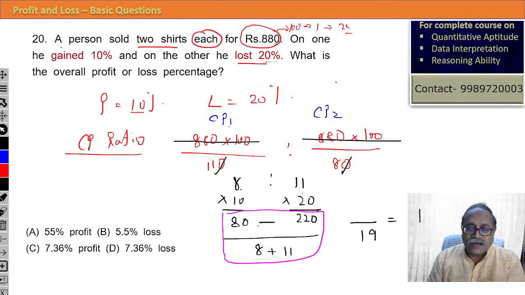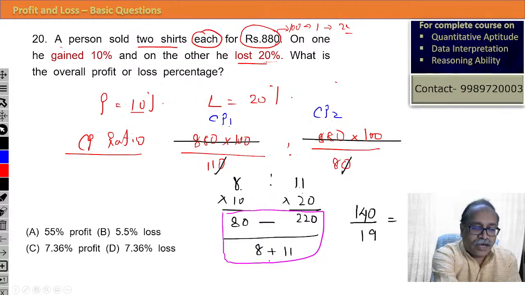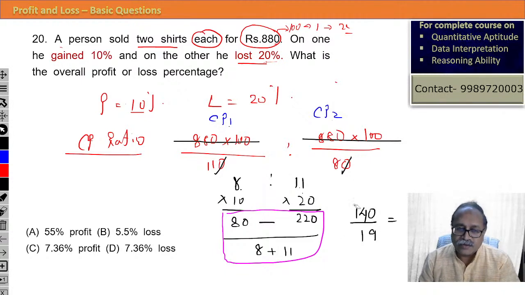So here it comes 220 minus 80. Am I right? That is 220 minus 80, 140. And this is 140 by 19.